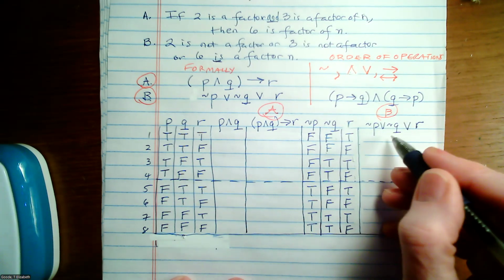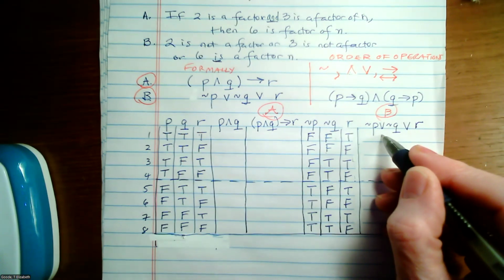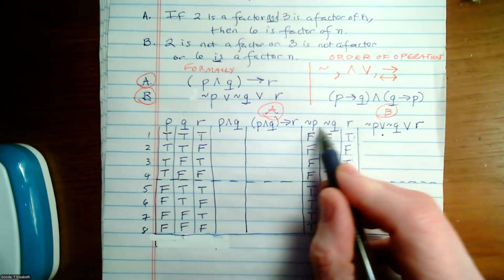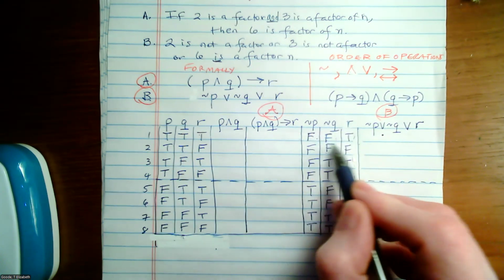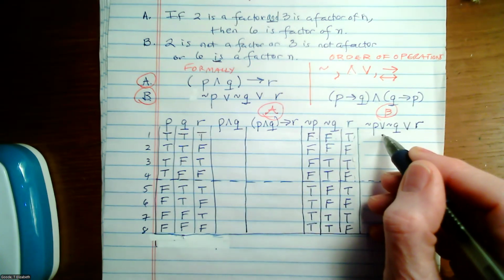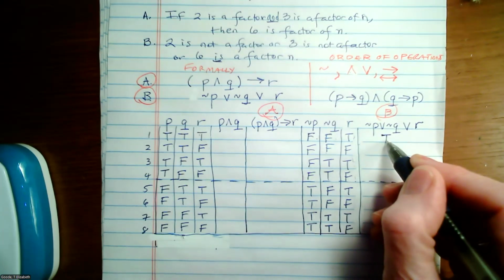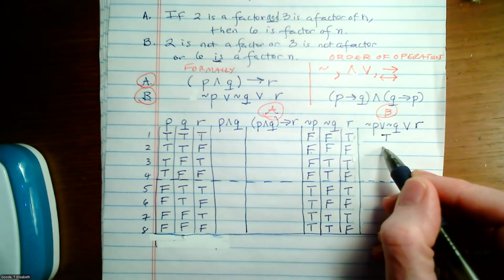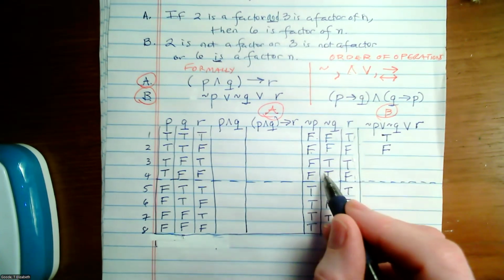Great. Here we go. Tell me what to write. Row 1, not P or not Q or R. We have them all right here to look at. We have one true, R is true, so it's true. That's correct. Row two. All values are false, so it's false. Exactly.